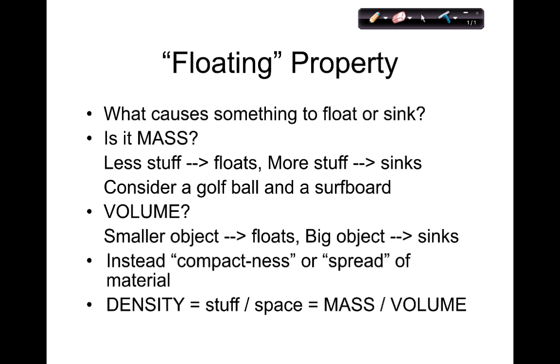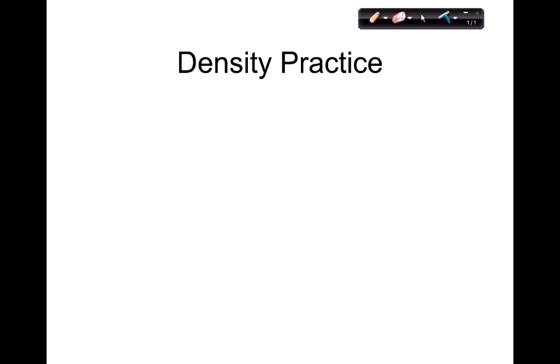Okay, so density is not fundamental because density is based on mass and volume, and we know volume is based on distance. So if you take distance cubed, that's volume, and you combine it with mass in this relationship of mass per volume, you get density. All right, so let's explore more about density here.